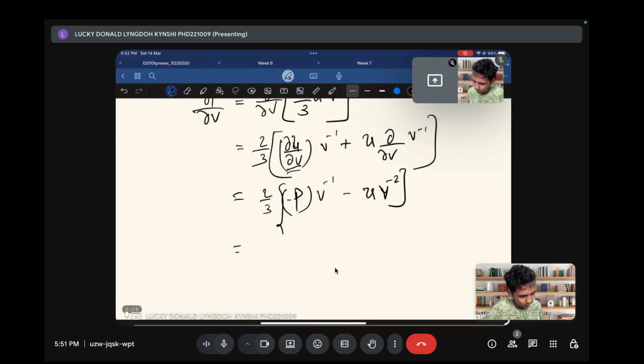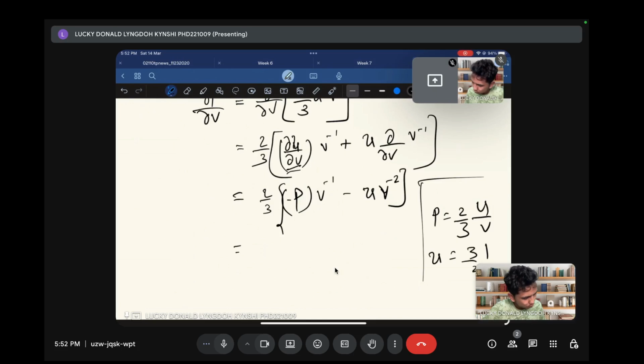Let me just write it here. Your pressure is equal to 2 by 3 U by V. So U is equal to 3 by 2 P V. Now your del P by del V is in fact minus P by V minus 3 by 2 PV by V square.